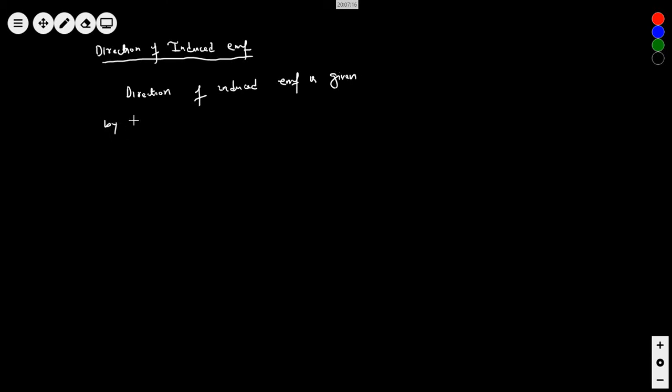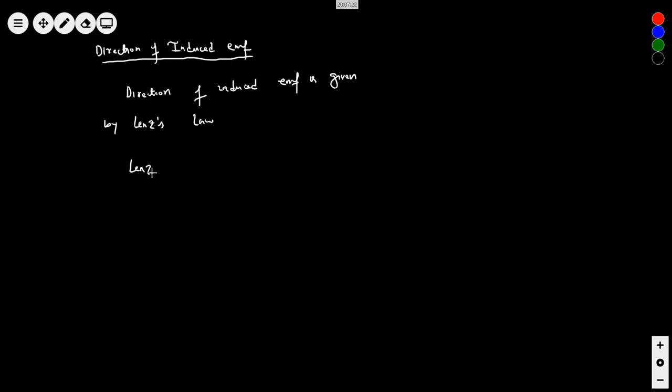The direction of induced EMF is given by Lenz's law.